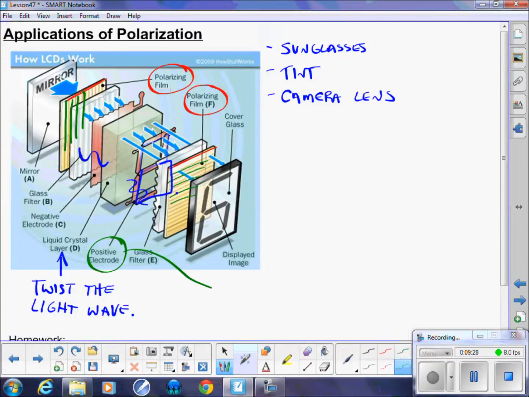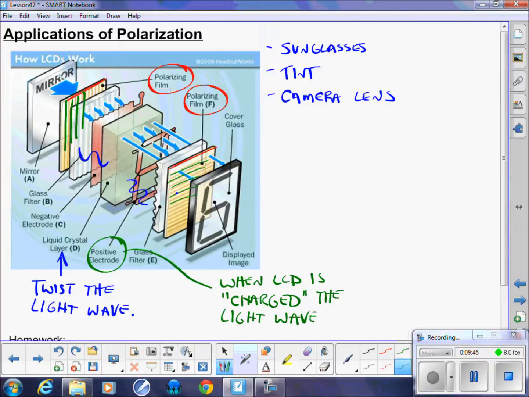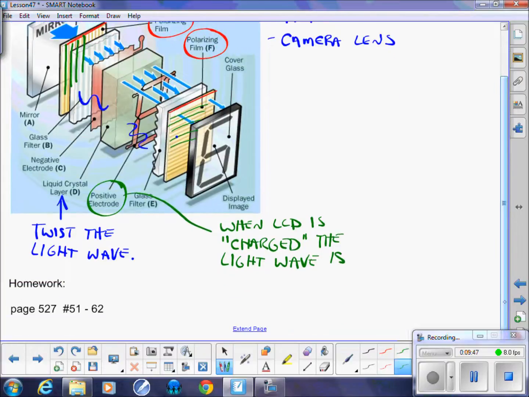So when that electrode, when the LCD is, I'll use the word charged, again, I'm just keeping it simple here, the light wave is untwisted. So that means it goes back to its original orientation and therefore will be blocked by the second polarizing film.